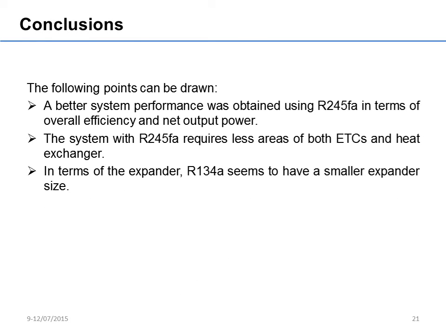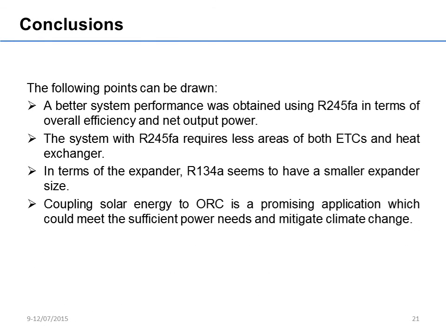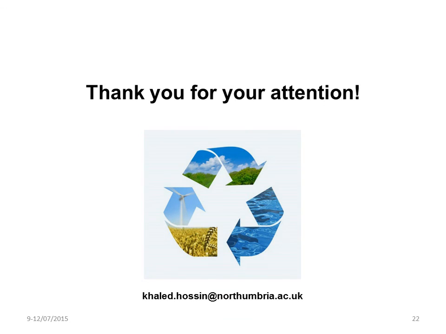In terms of the expander, R134A seems to have a smaller expander size. Finally, coupling solar energy to the organic Rankine cycle is a promising application which could meet sufficient power needs and mitigate climate change. Thank you for your attention.